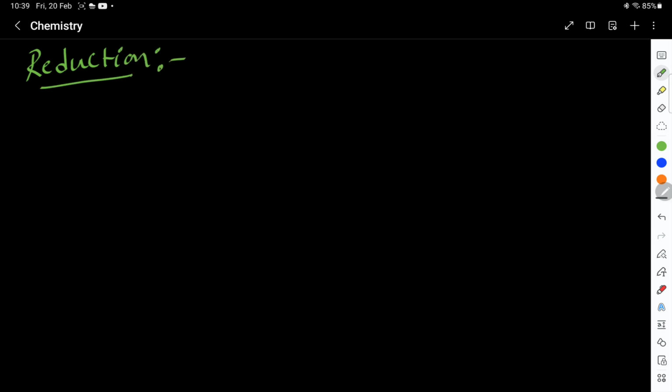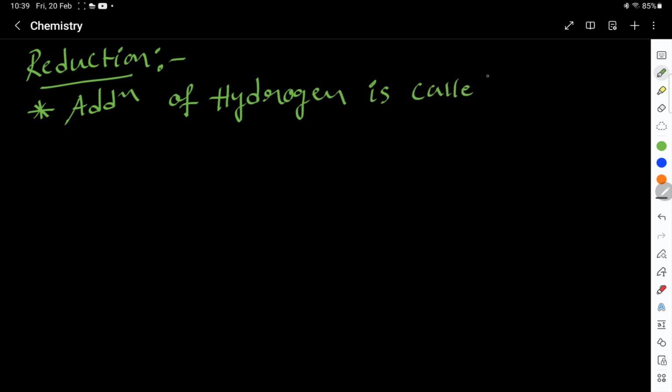What is it exactly? Addition of hydrogen is known as reduction. Which means what?